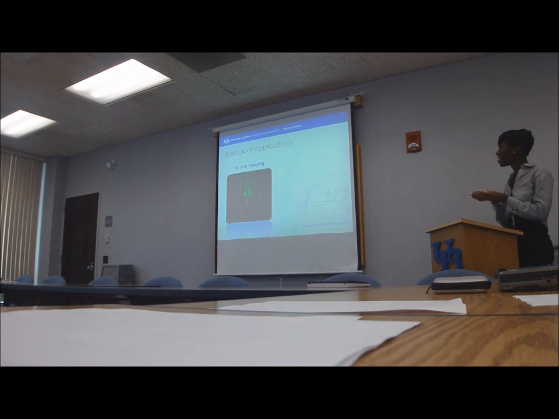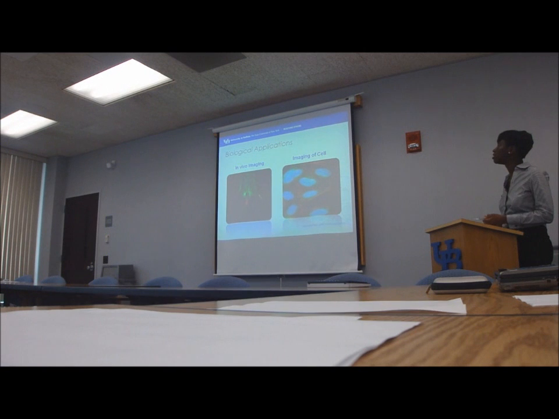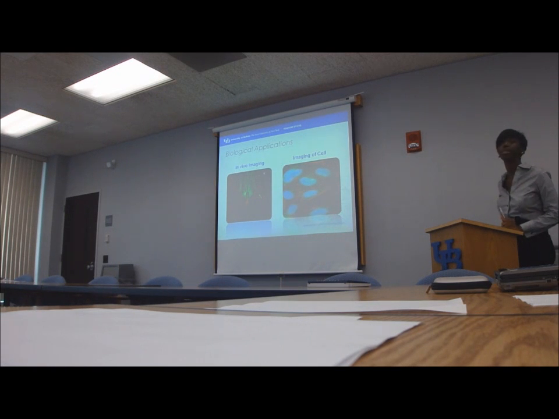So here are the quantum dots. It has orange luminescence in a mouse tail. These are the cells within the tail. And then this is a regular image of a cell with the quantum dots inside under luminescence.